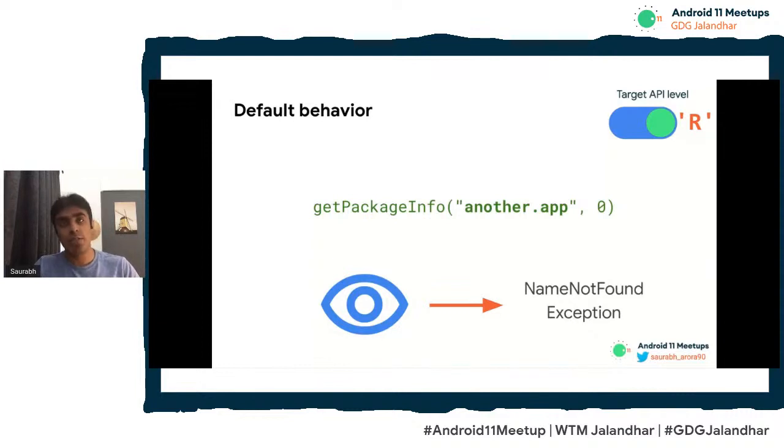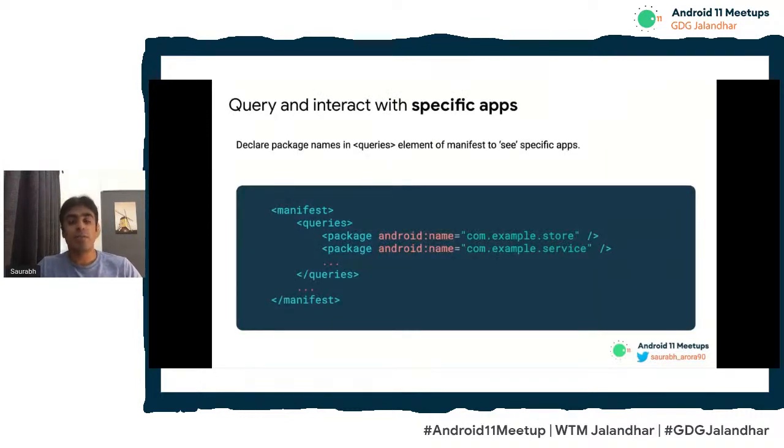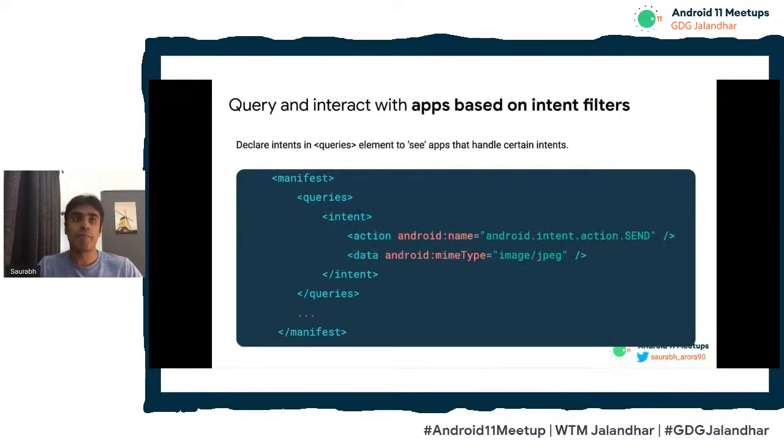There are still a few ways to do it. Basically, in the manifest now, there's a new queries attribute where you need to explicitly list the packages that your app cares about. And then when you call get installed packages, the system packages, along with these explicit packages that you've defined in the manifest, will also be returned to you.